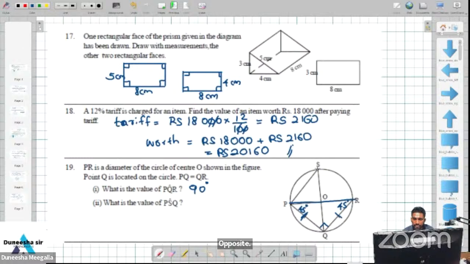PRQ and PSQ are angles in the same sector, what is that? It's 45. Okay, so this must be equal to this, because they are angles in the same sector. Then the PSQ is 45. Okay.